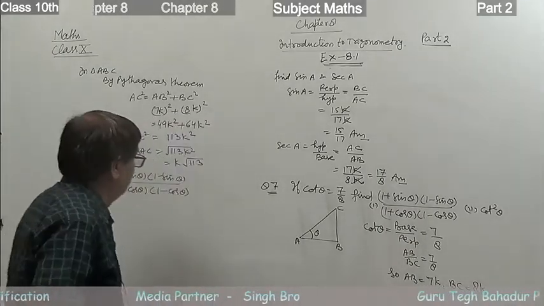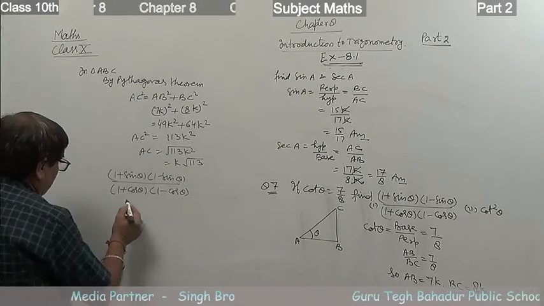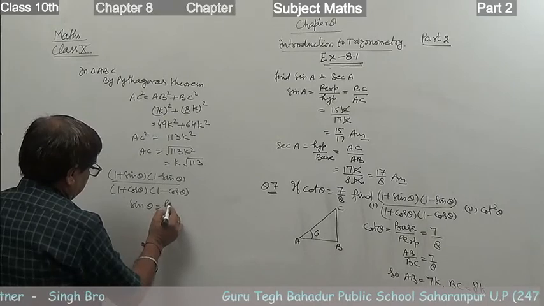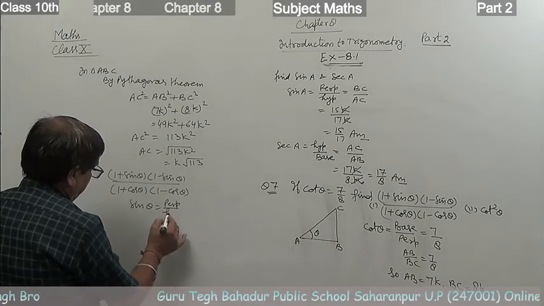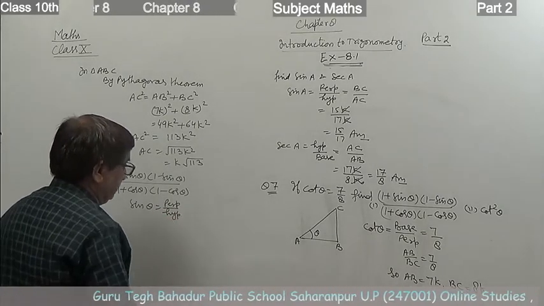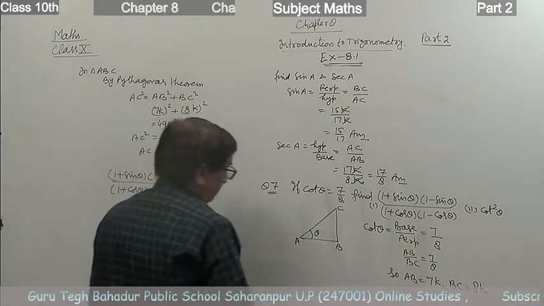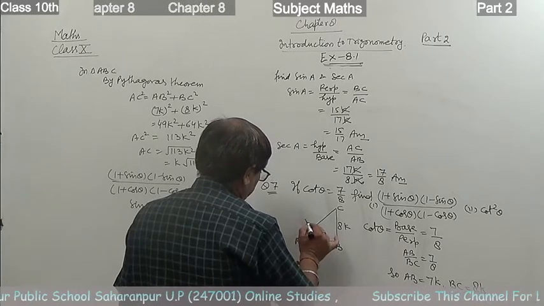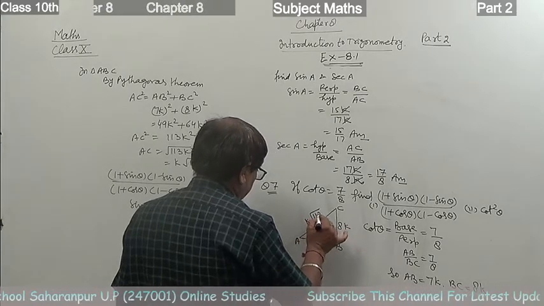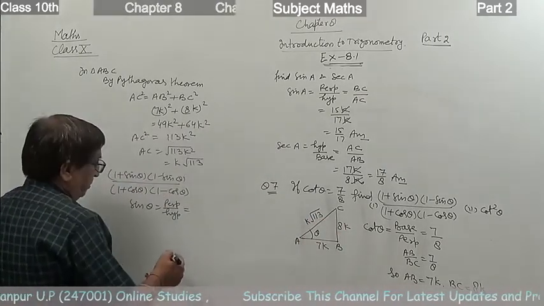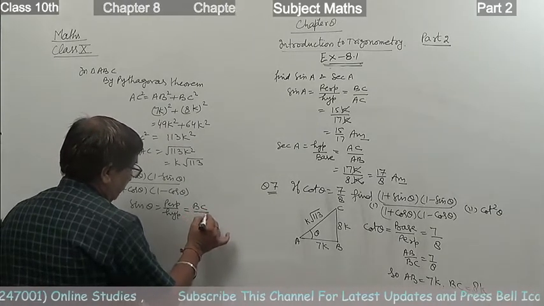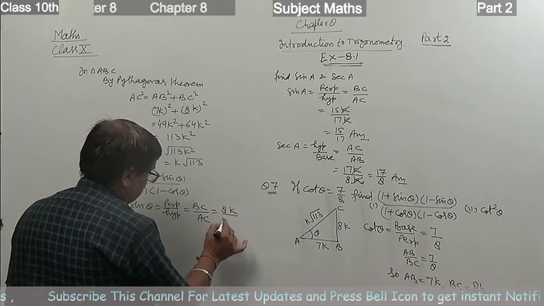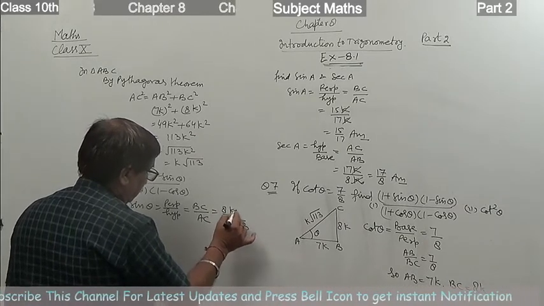Now putting the value, first you find out the sin theta. Sin theta is perpendicular upon hypotenuse. Now BC is 8k, this is 7k, this is k root 113. Perpendicular is BC, hypotenuse is AC, so 8k upon k root 113.